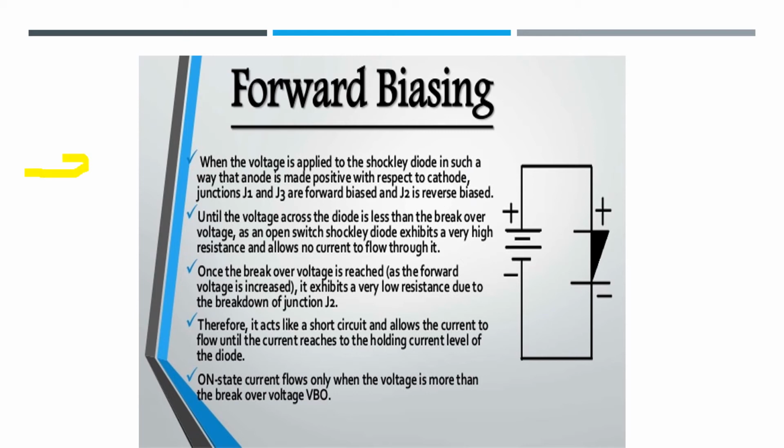In this way, it acts like a short circuit and the current reaches its highest level. On-state current flows only when the voltage is more than the breakover voltage VBO. So this shows us the forward current. Here on this side we have the current and on this side we have the voltage.